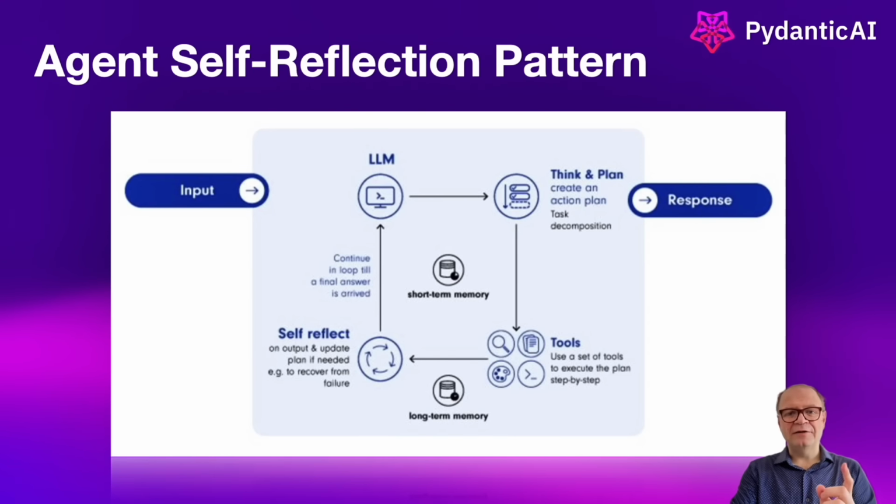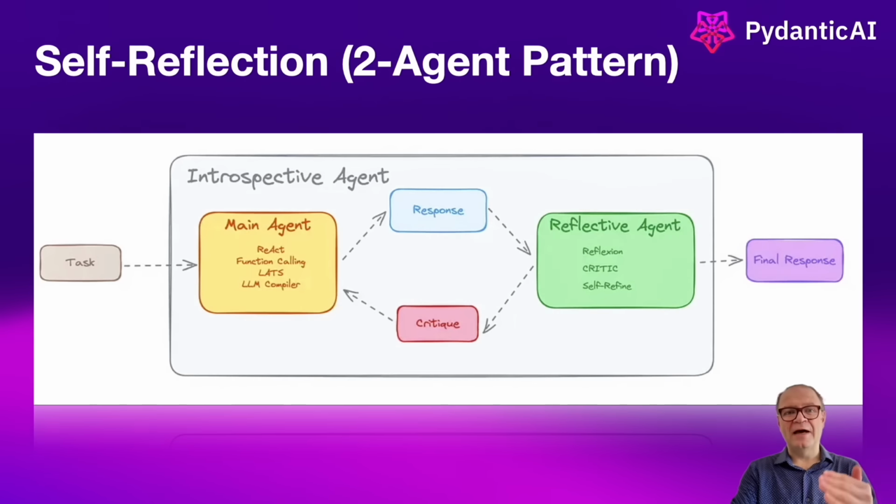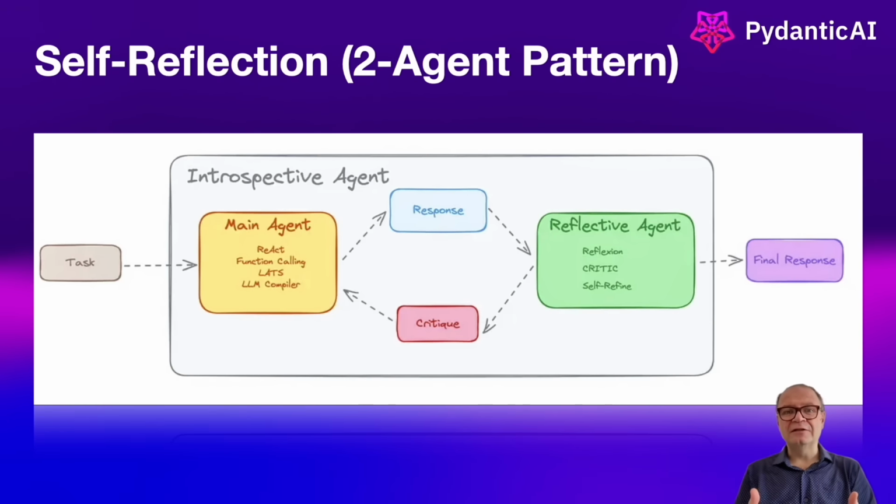Okay, so that's the first pattern for agent self-reflection. But here's another way that this could work, and that's through a second agent. In the first design pattern, the single agent takes care of the self-reflection. But in this pattern, you could add a second agent whose only job would be to inspect the outcomes from the first agent and to act as a reviewer or correcting agent. This is another design pattern widely used. It can present opportunities for better handling of errors as well as agent edge cases.